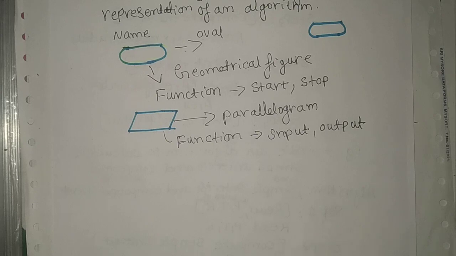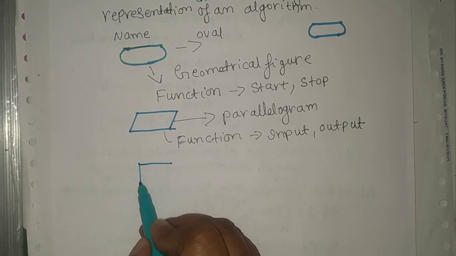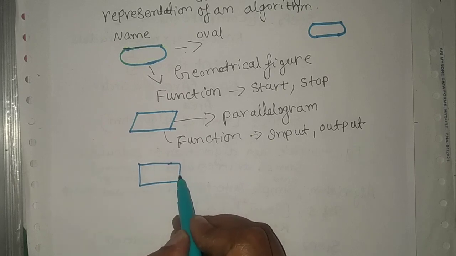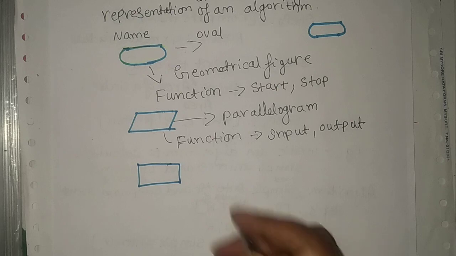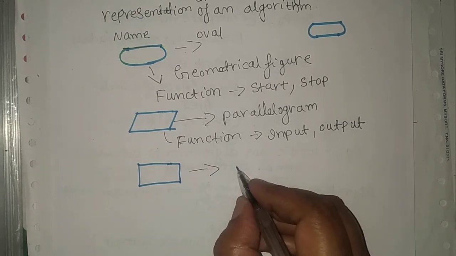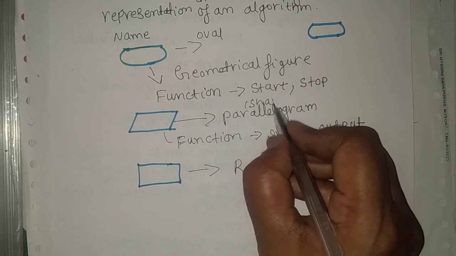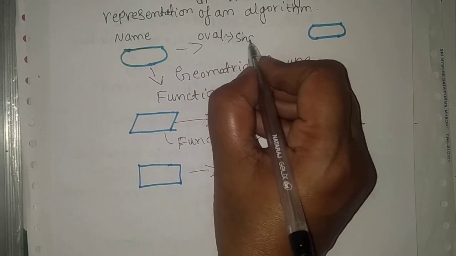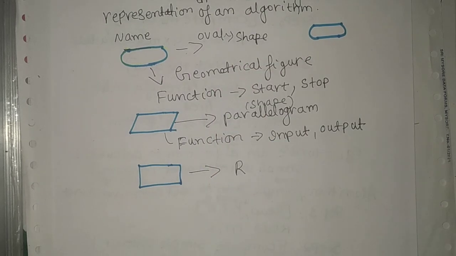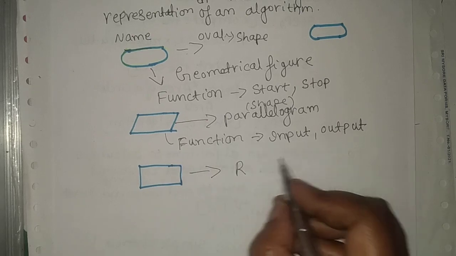Next we move on to this one, this is a rectangle. So now the shape is rectangle. This is the shape, this is the function.